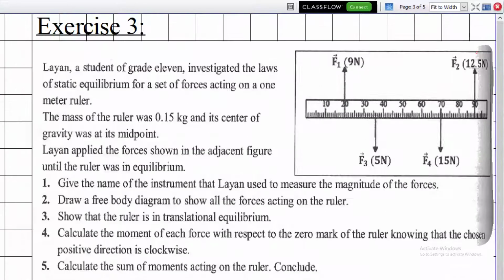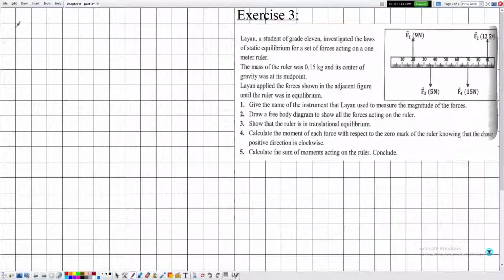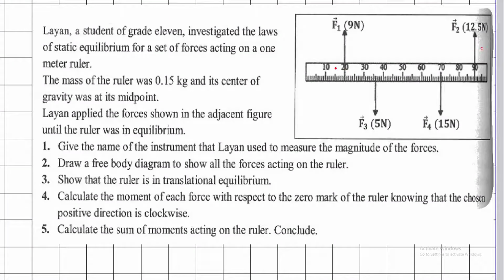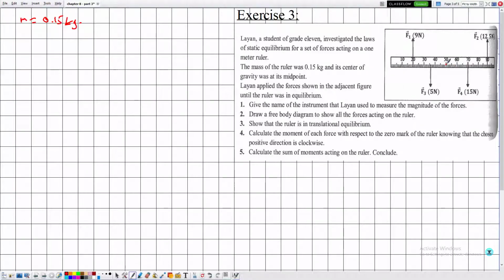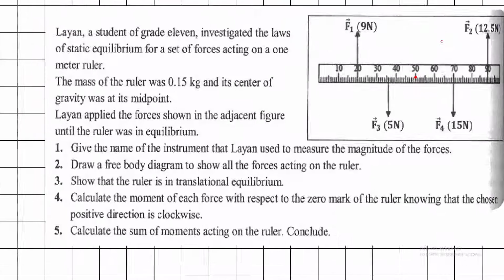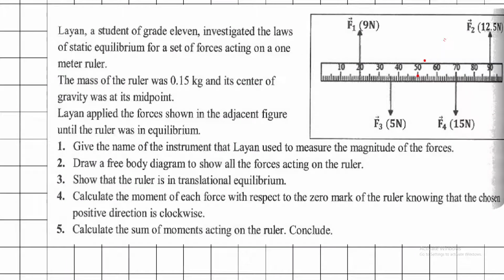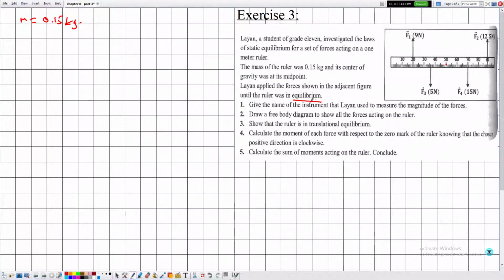Now the mass of the ruler was 0.15 kilograms, so whenever the mass is involved, this means that the weight will be included. Its center of gravity was at its midpoint. So notice that if this is 0, this is 100, the center of gravity will be at 50 exactly. Layan applied the forces shown in the adjacent figure until the ruler is in equilibrium. And here we are talking about two equilibriums: the sum of forces is equal to 0 vector, and the sum of moments is equal to 0.